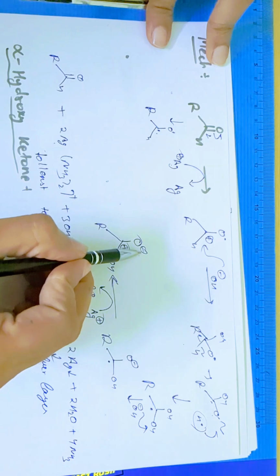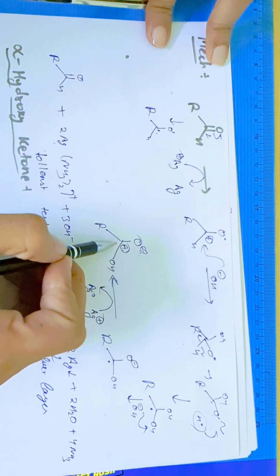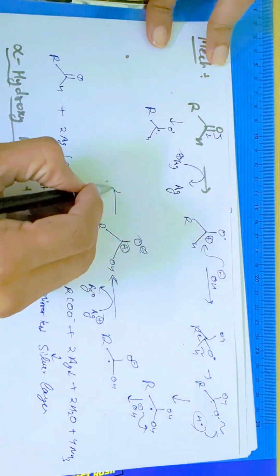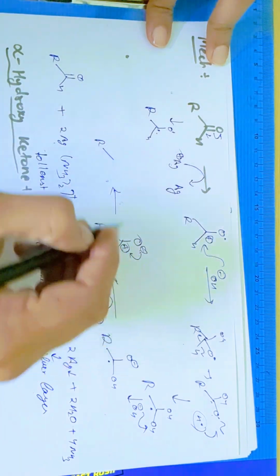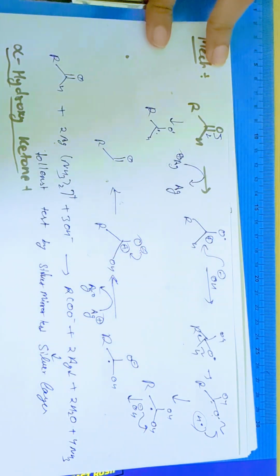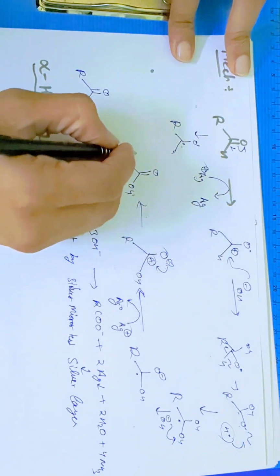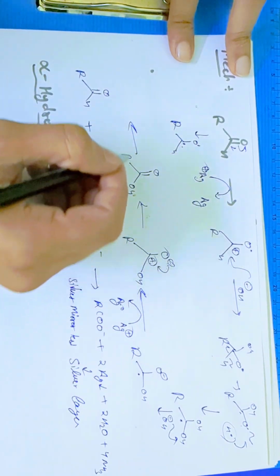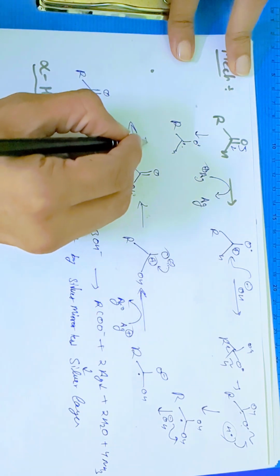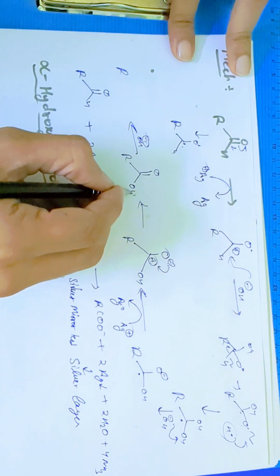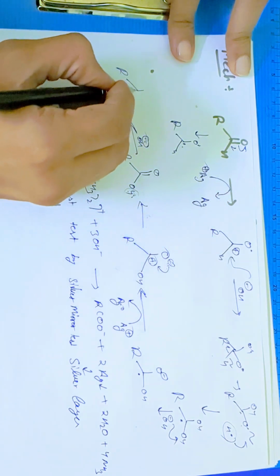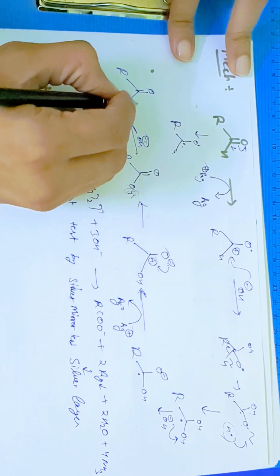So we can see minus and plus on neighboring atoms, so it can be converted into a double bond, that is donation to an electron deficient site. As the reaction occurs in basic medium, this is a highly acidic hydrogen, so it can convert into a carboxylate anion.